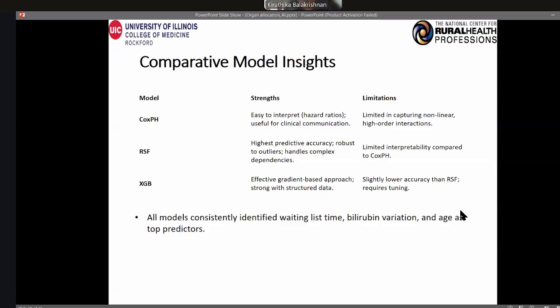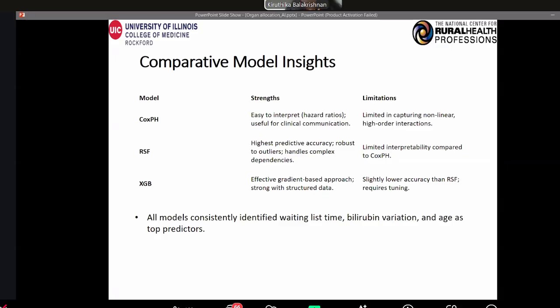The trade-off is that the random survival forest is less interpretable than Cox proportional hazards. We can identify which variables are important overall, but not easily explain how they influence an individual's risk. The same goes for XGBoost as well.